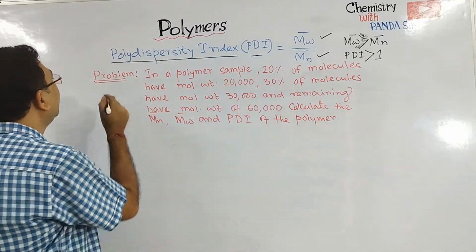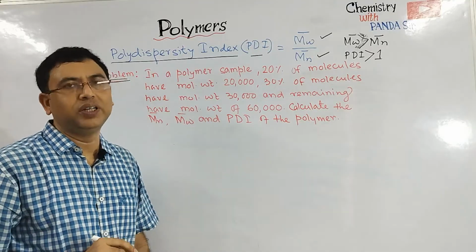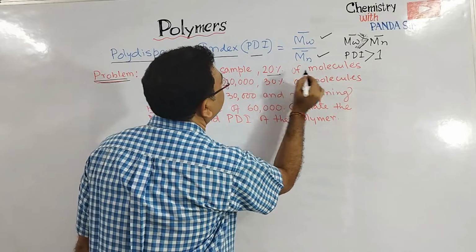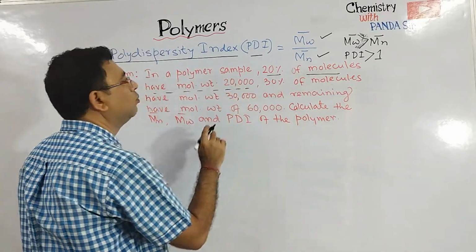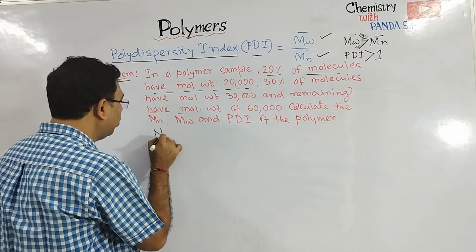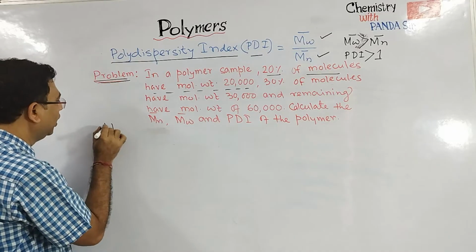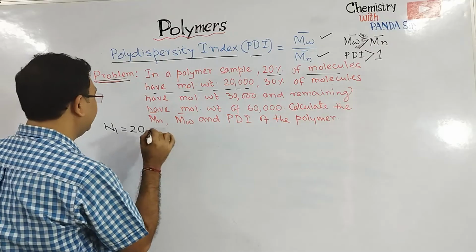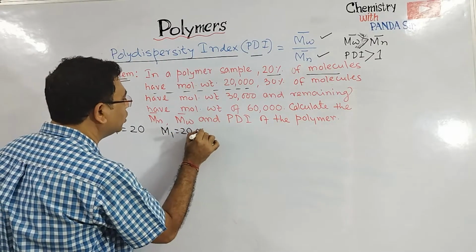Now, as I said, we have a quick numerical to understand this. In a polymer sample, 20% of the molecules have molecular mass or molecular weight 20,000. So can I consider that the value of N1 is 20 and the value of M1 is 20,000.